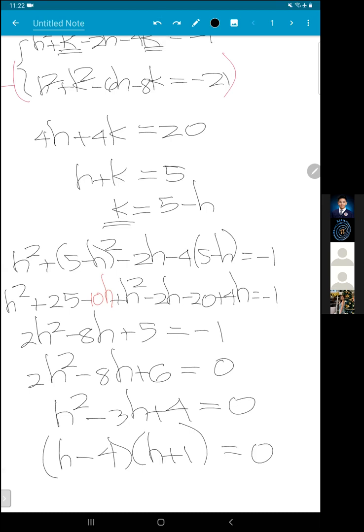Kailangan mag-positive 4. So it should be 4. Wala, hindi siya factorable.